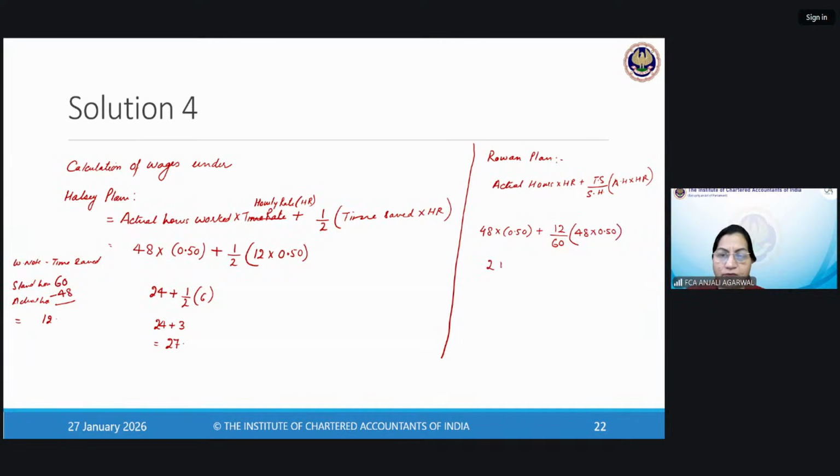So this is 24 plus 12 on 60 of 24. 24 plus 4.8. So under Rowan plan, the worker seems to have received higher wages.